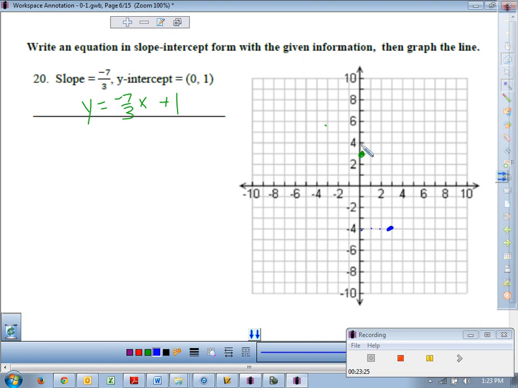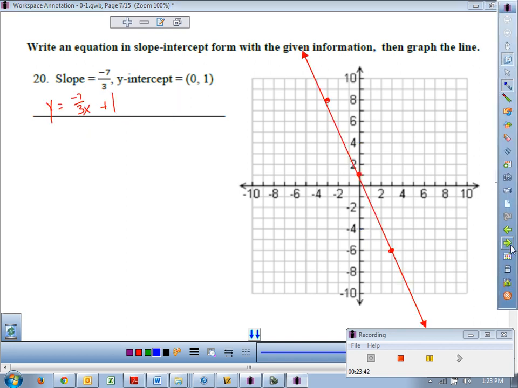So instead of going down 7, I could go up 7 from my original green point here, 1, 2, 3, 4, 5, 6, 7, and then to the left 3, right? And then take your straight edge and connect the dots. Cool? Why don't we go ahead and get the next one done? So please pause the video and get that done.